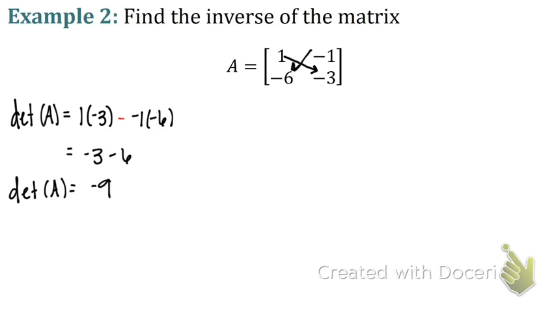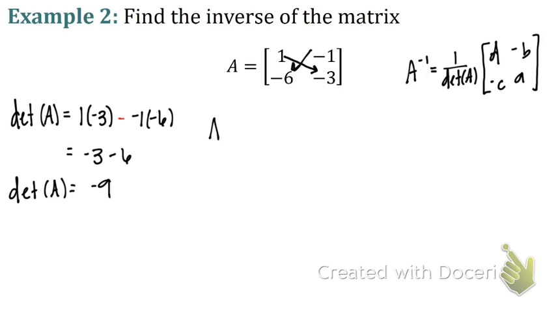Now remember, A inverse is 1 over the determinant times the matrix where D and A swap places, and B and C change signs. So A inverse is 1 over our determinant, which is -9. A and D swap places, so -3 is in the top spot and 1 is in the last spot.